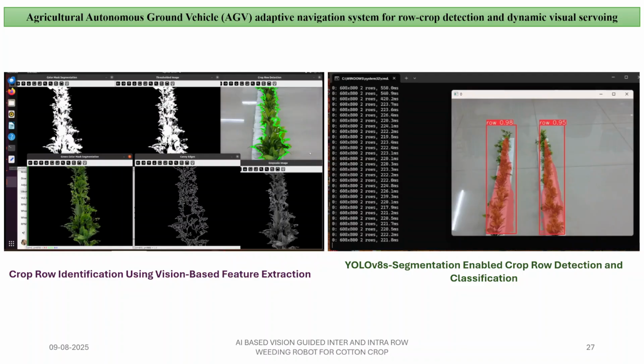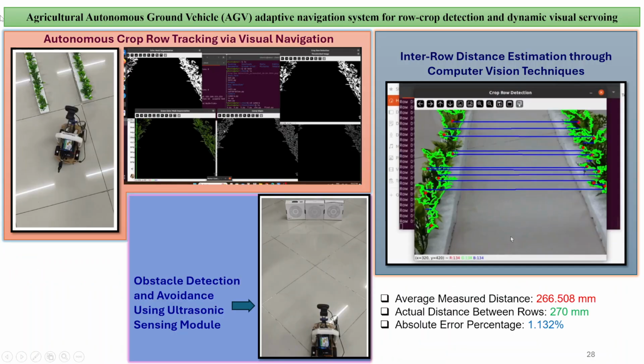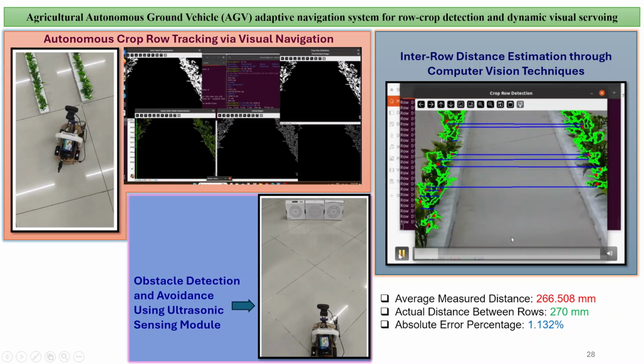For that, I have used an RGB camera, and first of all I have to detect the crop row. After I have detected the crop row, I have used another algorithm, YOLO V8, for segmenting. First I have detected, then I have also segmented the crop row. After these two steps, I am calculating the inter-row distance.